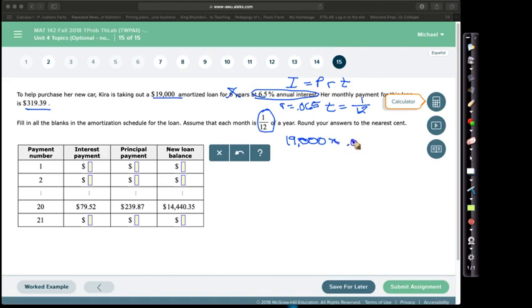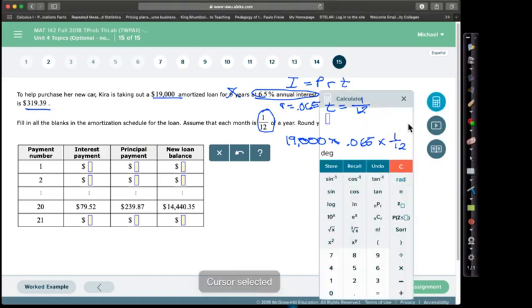That'll give us our interest. We put it there, take that number, subtract it from the monthly payment, and then get the new loan amount. Let's do this efficiently with the calculator.